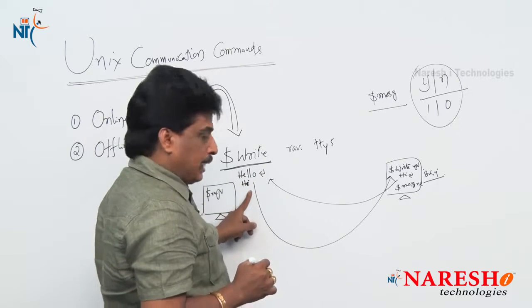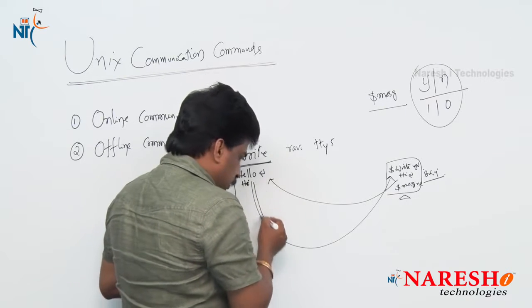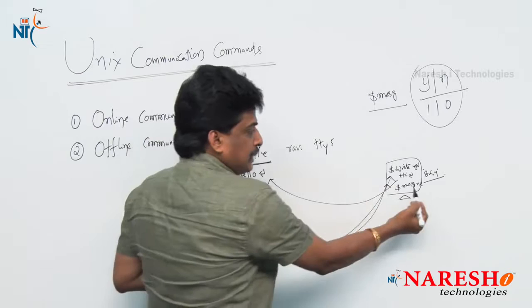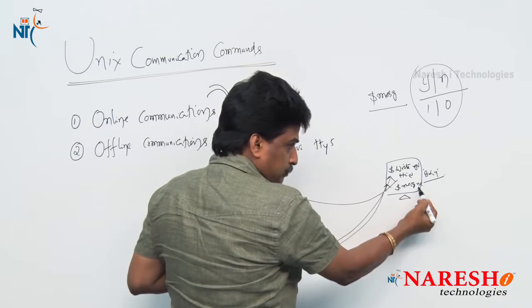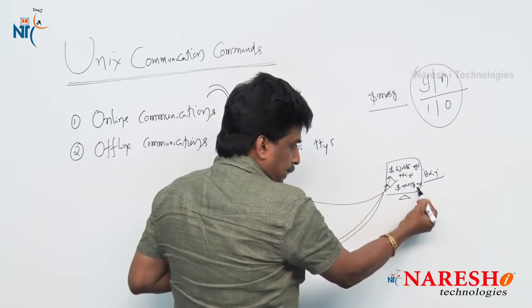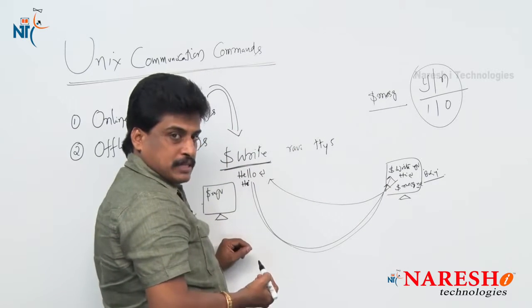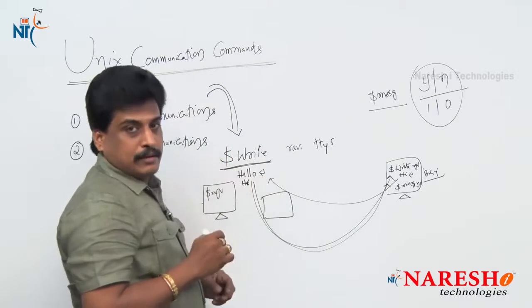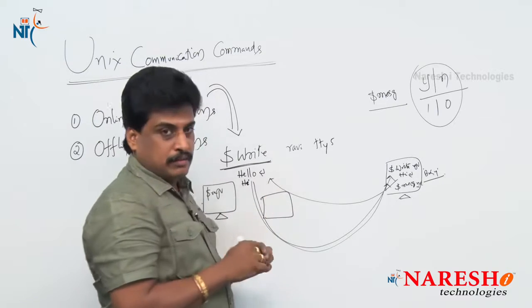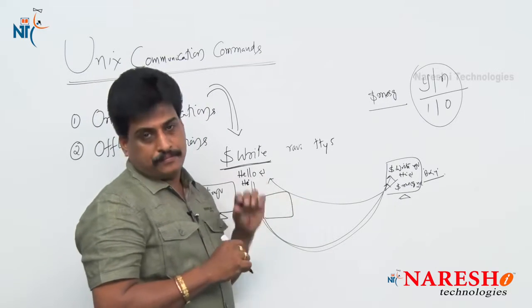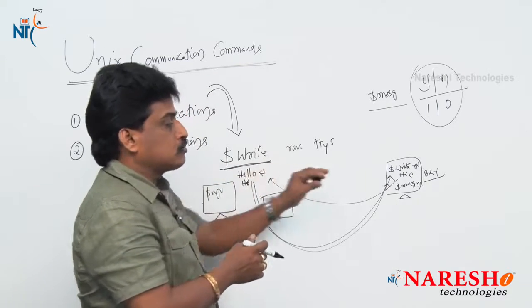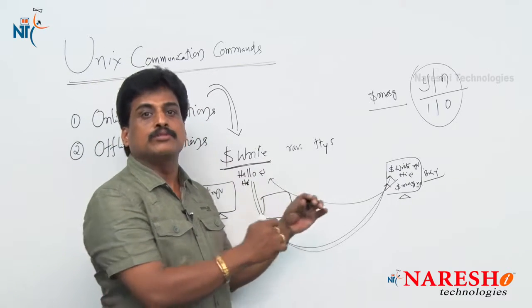Whenever he types hi, the request goes to the terminal and it immediately gives MESG N, permission off, which means it is not allowing any message. Now it immediately gives here, sorry, message unable to be delivered, user busy. That message indicates to this user, okay Raju is right now busy, we are unable to communicate.